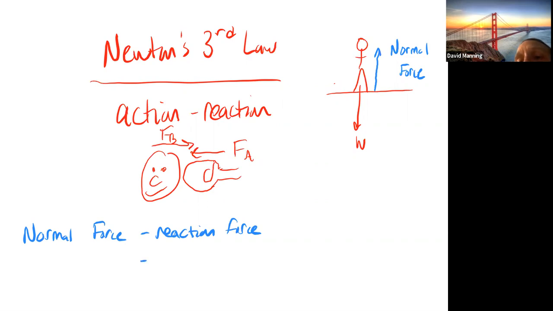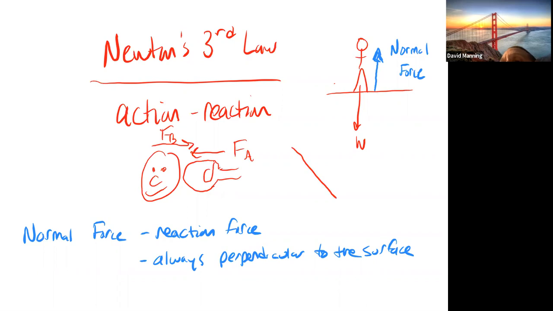The normal force is always perpendicular to the surface. So depending on your surface, if your surface is horizontal, your normal force is going to be up. If your surface is at an angle and you have an object on the surface at an angle, we know the weight of the object is down.